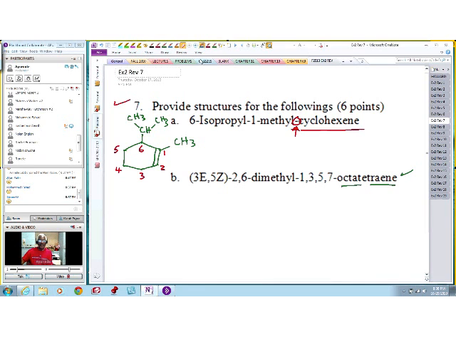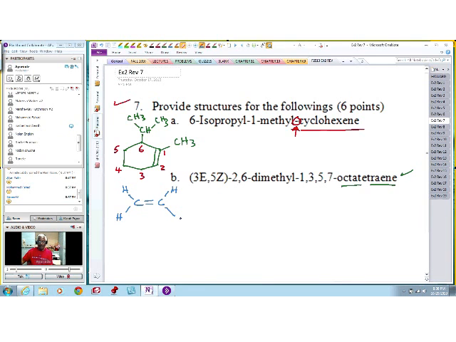With that information in hand, let us start with position 1. We assume this is a carbon-carbon double bond in position 1, since there is no branch here. Then we have this here. This is 1, 2.